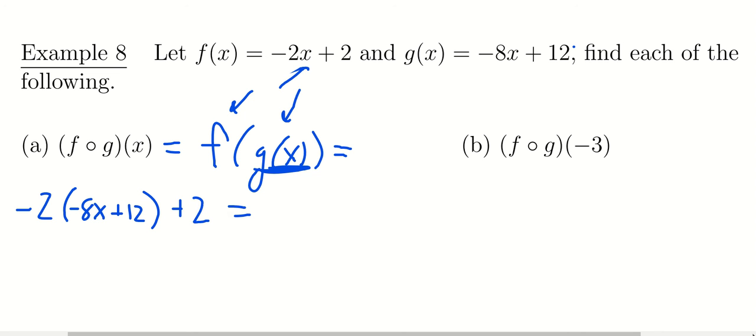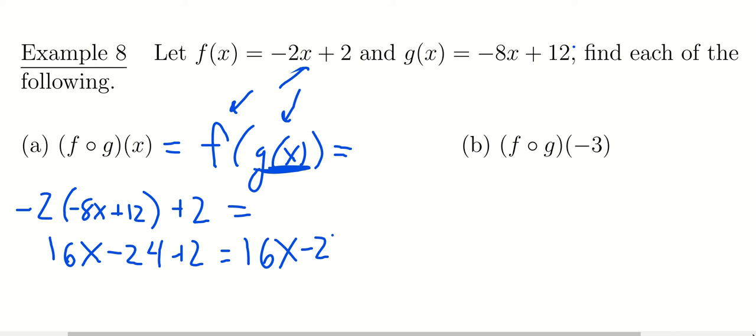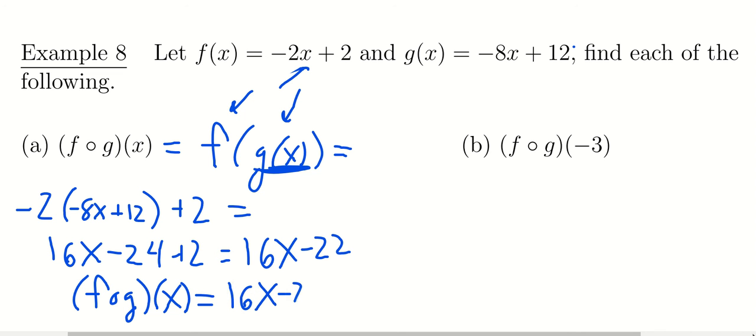And then once we have that simplified, let's go and reduce this. If we distribute through, we're going to get a positive 16x minus 24 plus 2, which would reduce to 16x minus 22. So f composed with g of x is equal to 16x minus 22.